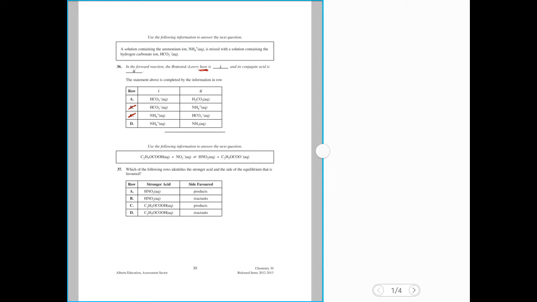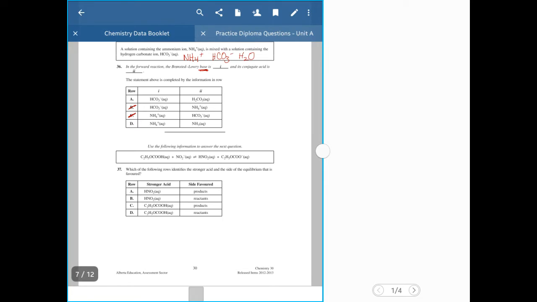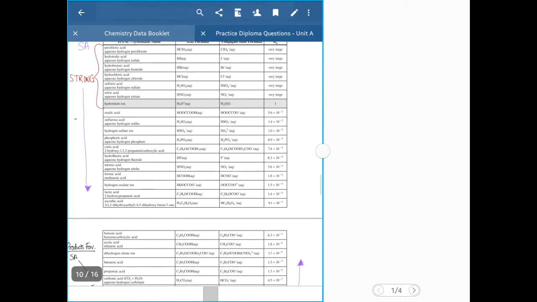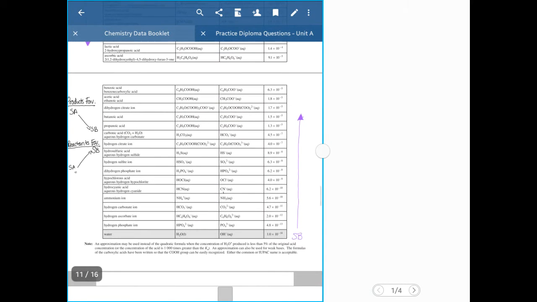But when I look at what is listed here, I have my ammonium ions, I have my hydrogen carbonate ions, and I also have water molecules present there. So when I look at my chemistry data booklet, which I will go to right now, I check and see where on my chemistry data booklet I have these entities listed.